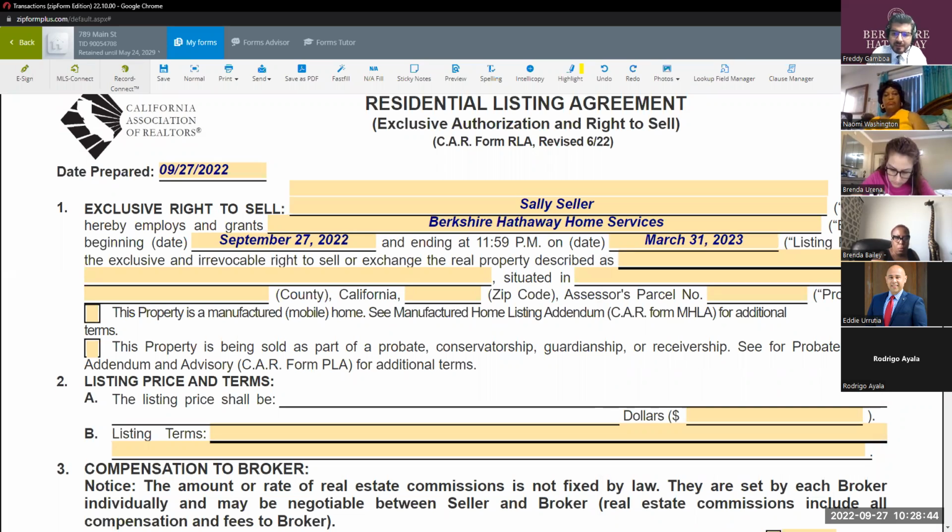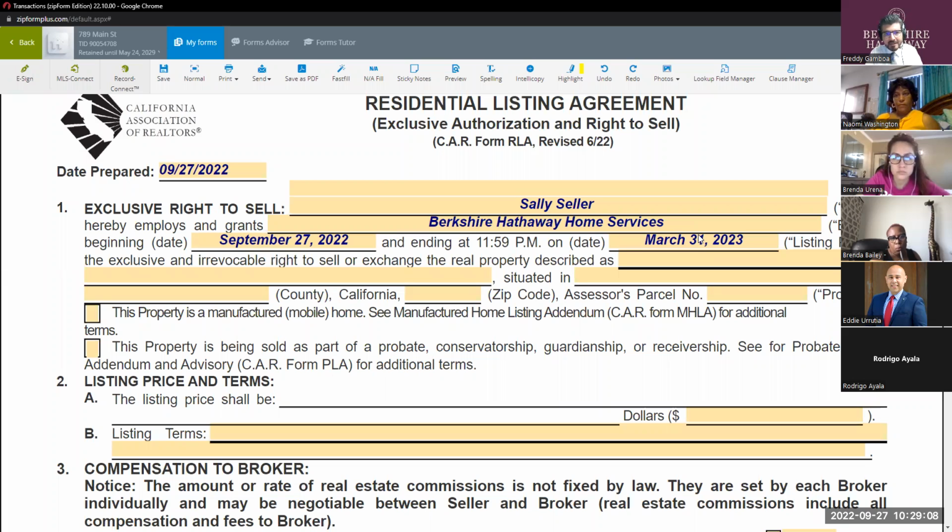Now, when it comes to the beginning dates and the ending dates on my own listings, keep in mind that for any listings I take after the 15th and on, I usually finish on the last day of the month, either the 30th or 31st, or February 28th.